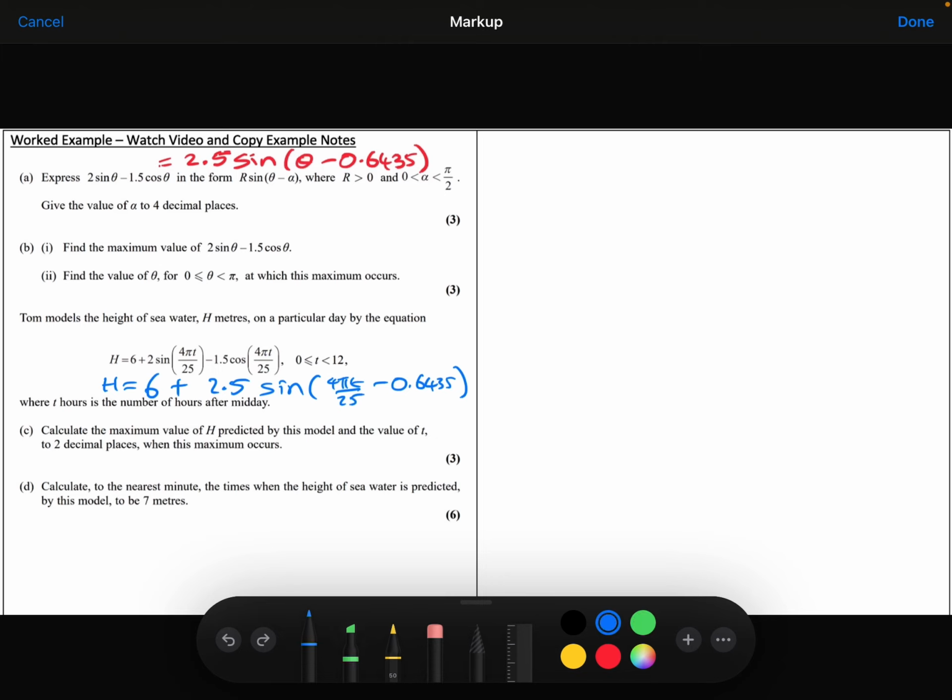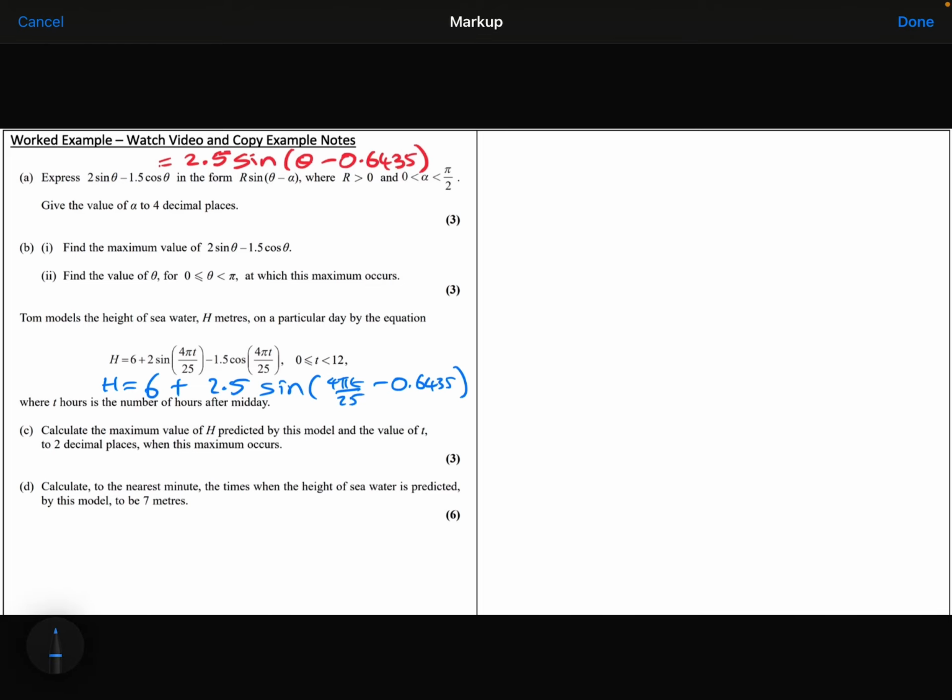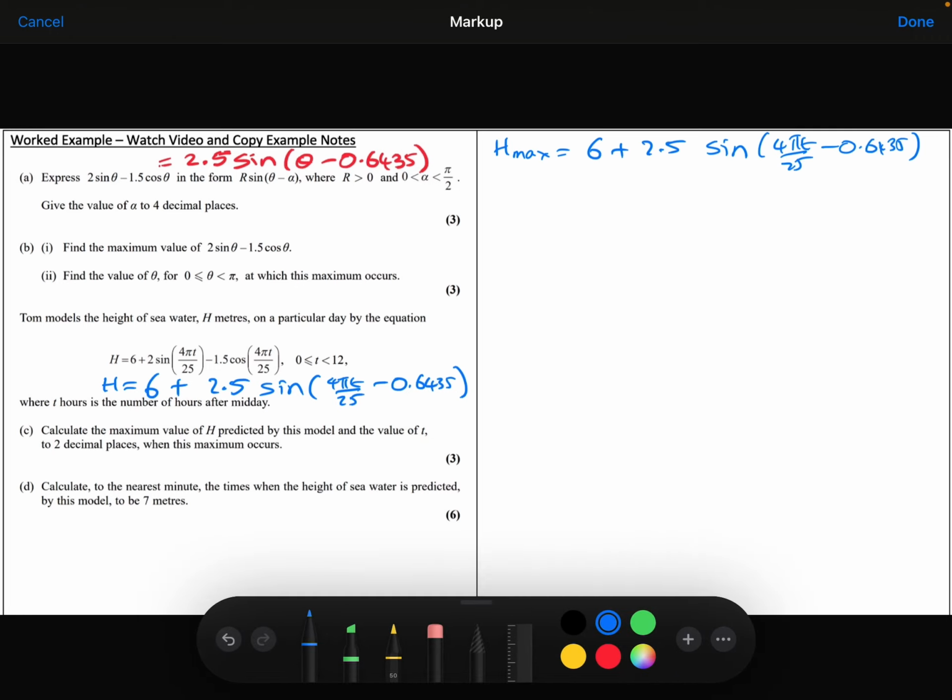Okay, right, part C. Calculate the maximum value of h predicted by this model. So h max, what's the biggest that this could be? So 6 plus 2.5 times sine of the 4 pi t over 25 minus 0.6435. Well, the biggest that the sine can be is 1.